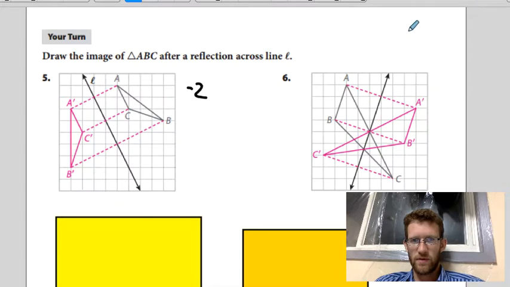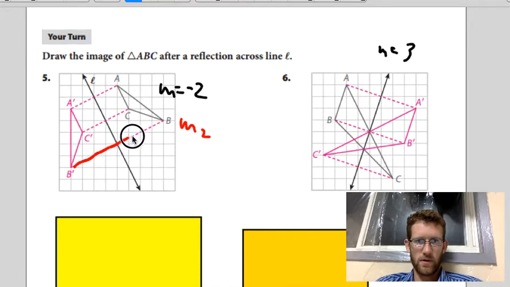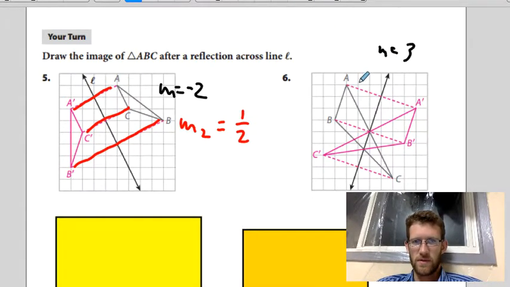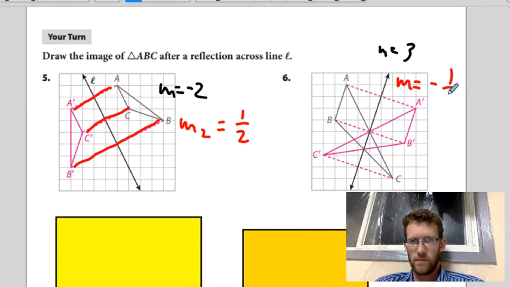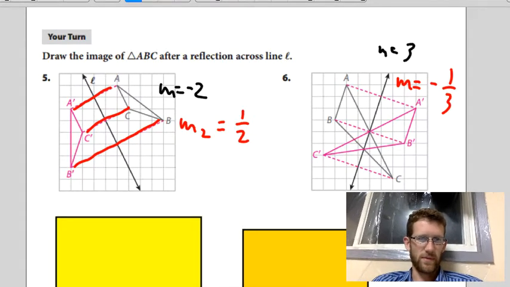This one had a slope of 3. M1 equals, and then M2, which is this line here, has a slope of 1/2. It's opposite reciprocal. And this one has a slope, in this case, of -1/3. So opposite reciprocal for both those.